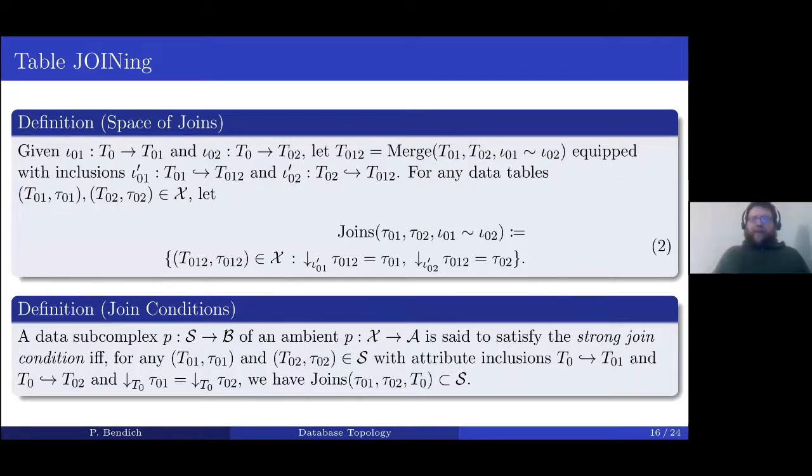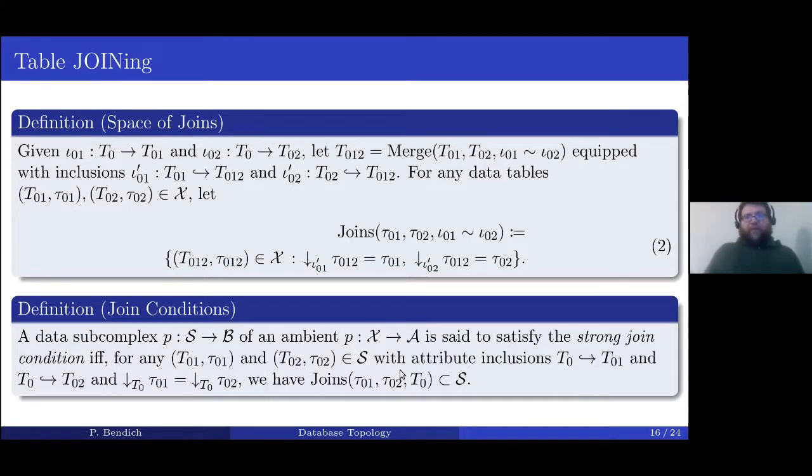And we say that a data subcomplex is said to satisfy this thing called a strong join condition if, whenever you have two tables where you want to merge the attribute lists, and you have tables over each one of those original attribute lists which agree on the intersection, then you contain all the possible joins.